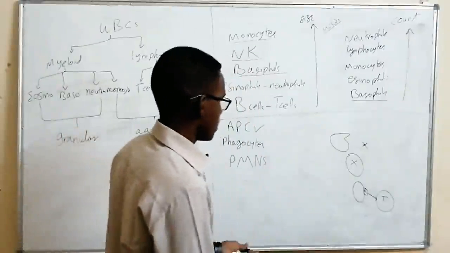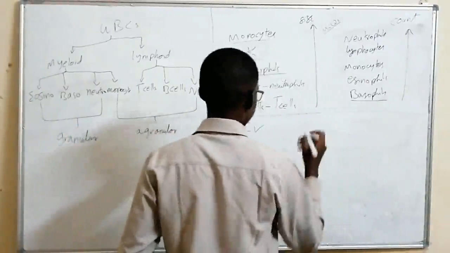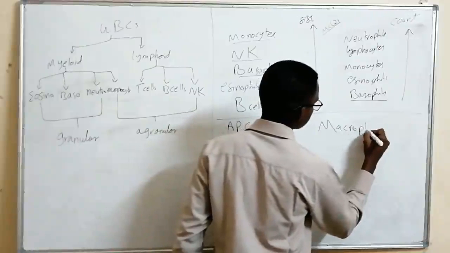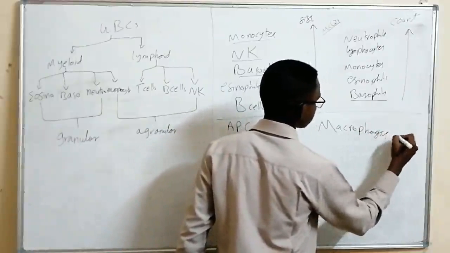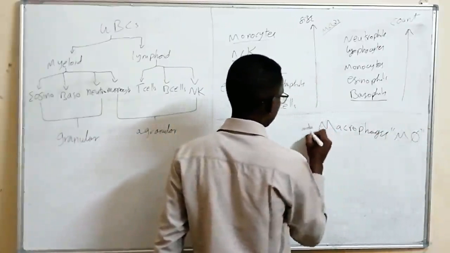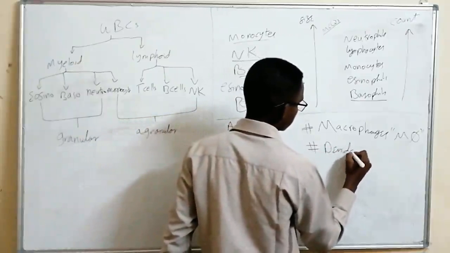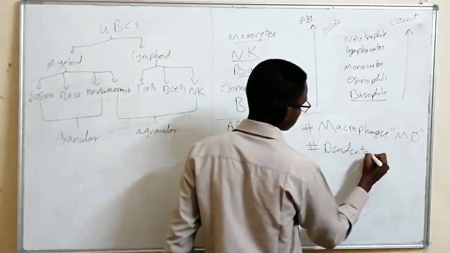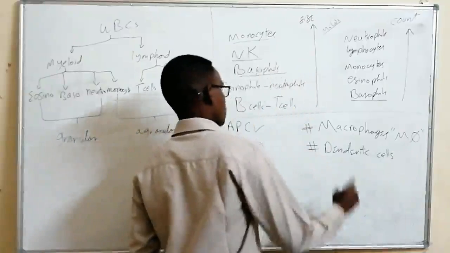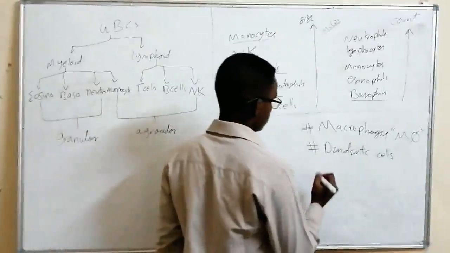So these are the antigen presenting cells, and they include macrophages, and they also include dendritic cells. We will come to talk about the dendritic cells and macrophages in detail in the upcoming videos, inshallah.